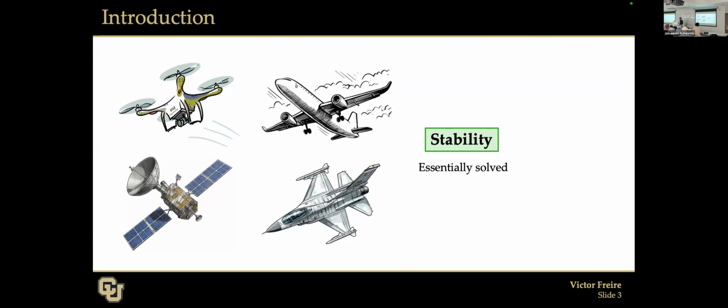In the literature, you can find stabilizing controllers for pretty much any system that you want to stabilize. However, safety, which is the purpose of this workshop, is a newer concept that is currently under study in the literature. And control barrier functions are a tool for certifying safety.